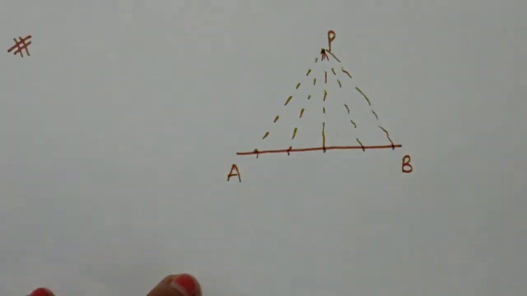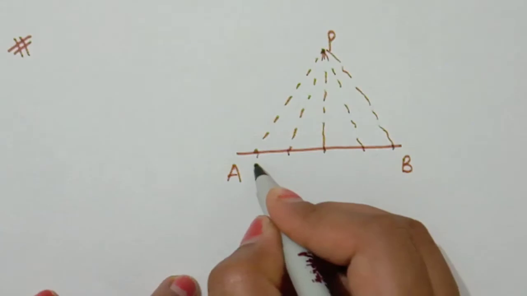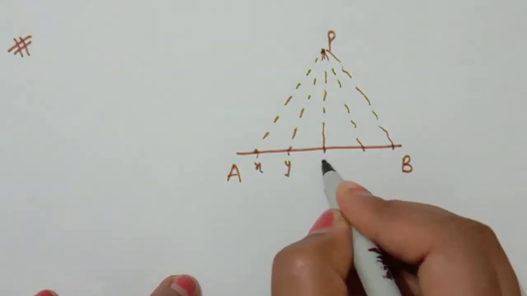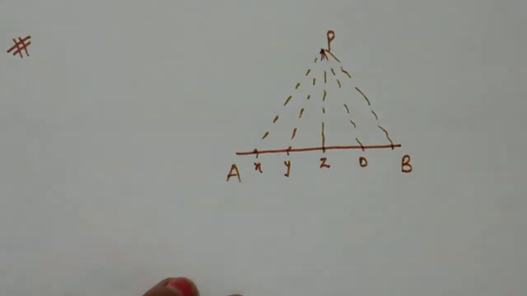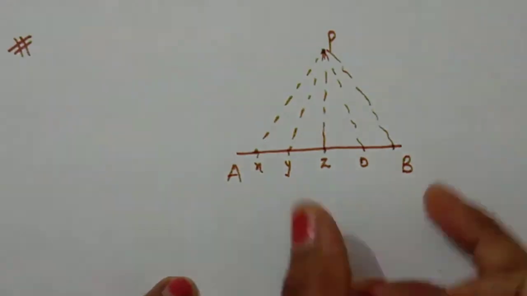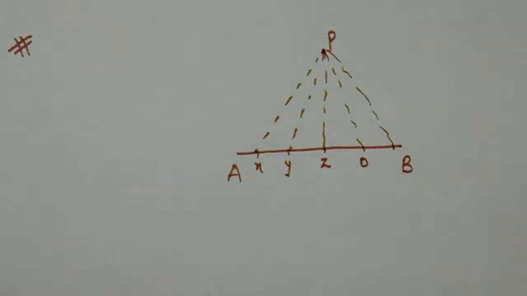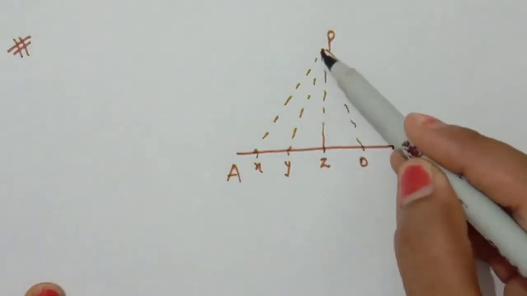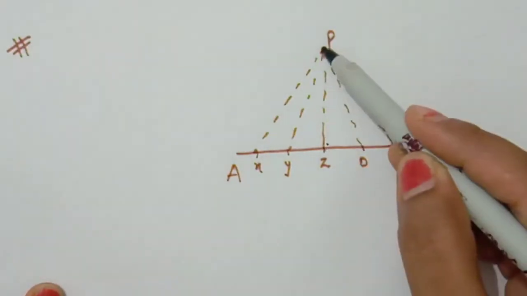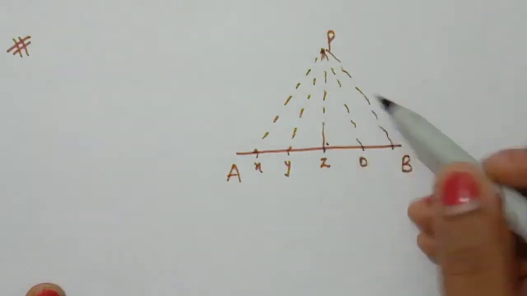So students, now the question is, what is the exact distance, or which line segment will we take as the exact distance between the point and the line segment AB? The least distance present between this line segment and the point P is PZ.